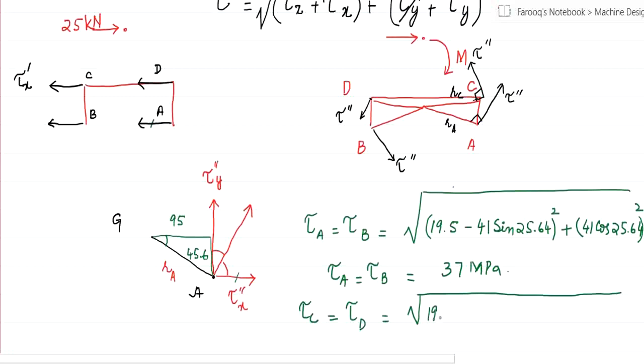So X component of primary stress minus or plus, but here for C and D we know that the X component of secondary and primary both are in the same direction, so we are going to plug plus here. 37.3 sine 6.25 whole square plus 37.3 cos 6.25 whole square.